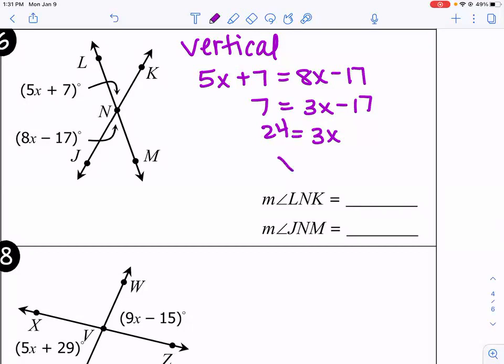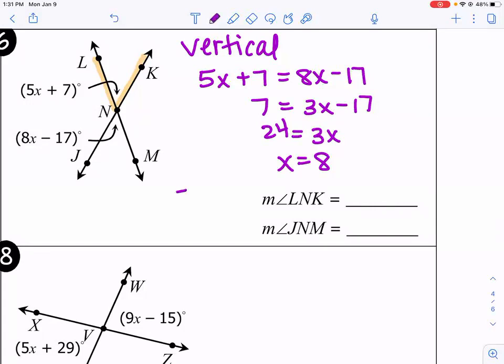Okay, so what's x? 8, correct? Now, am I asking you, hey, find x? No, it says find the measure of angle LNK. So if I trace LNK, I'm talking about this angle right here with an arrow to 5x plus 7.